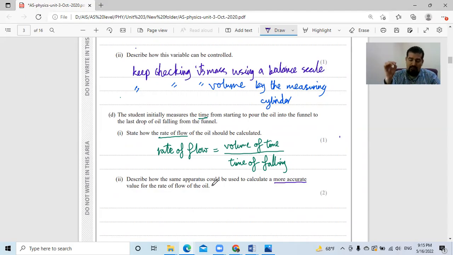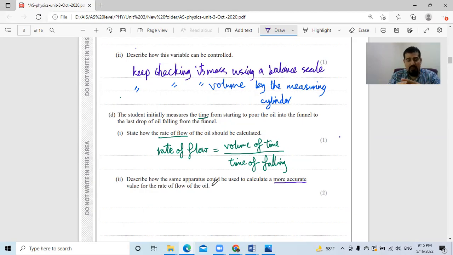Or we can start the time from where we pour the oil, the same instant that we put the water and the oil inside the funnel, and we can also measure the time when the funnel is empty. So it depends on the point of view.